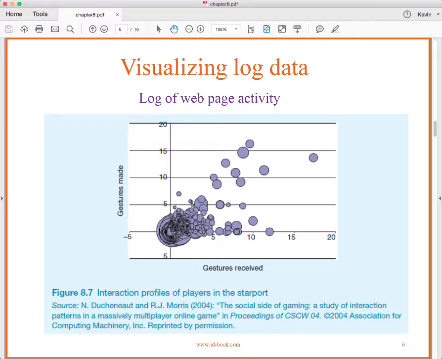visualizations. And I thought there was an interesting discussion on one case, not about the gestures, but about the utterances.